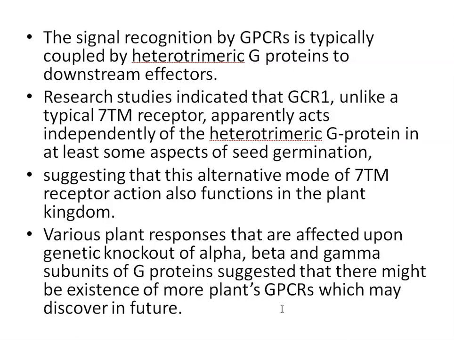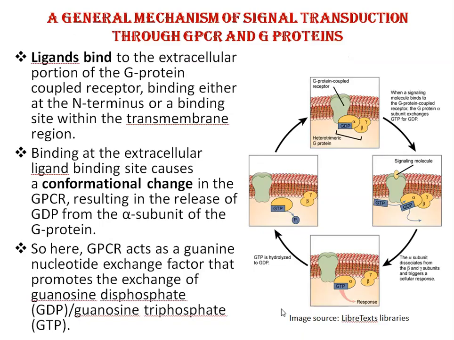Now, various plant responses that are affected upon genetic knockout of alpha, beta, and gamma subunits of G proteins suggested that there might be more plant GPCRs which may be discovered in future, right?